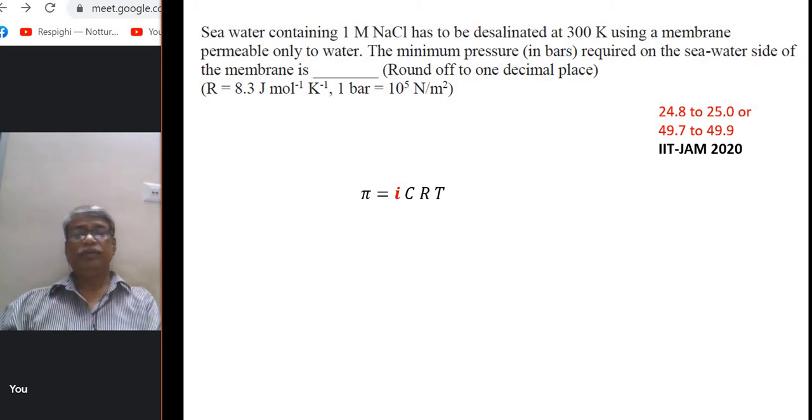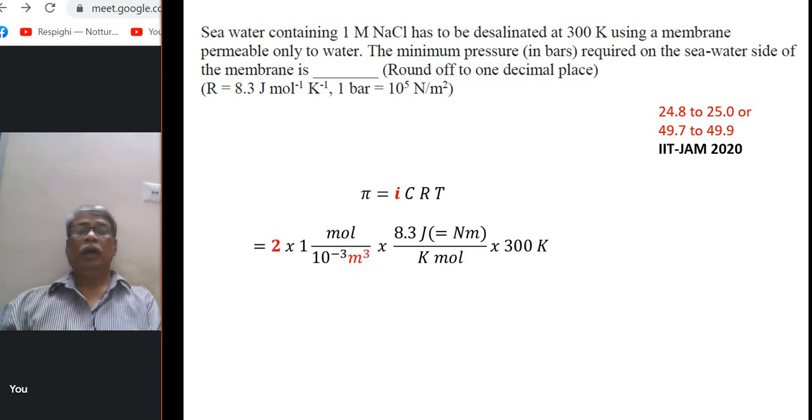i is in red because it is the van't Hoff factor, and for this case NaCl gives you 2 ions, Na and Cl, so i is 2. You just put in the other values. The concentration is given in moles per liter, but the SI unit of volume is meter cube, so I have converted 1000 centimeter cube, that means 1 liter, into 10^-3 meter cube, and the rest of the things are as usual in SI units.